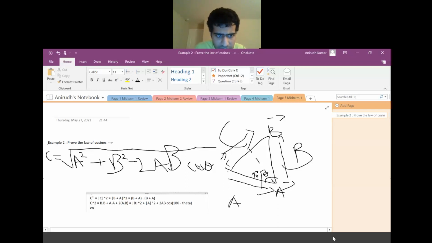Why is it cosine of 180 minus theta? Because cosine of 180 minus theta is the negative of cosine of theta.